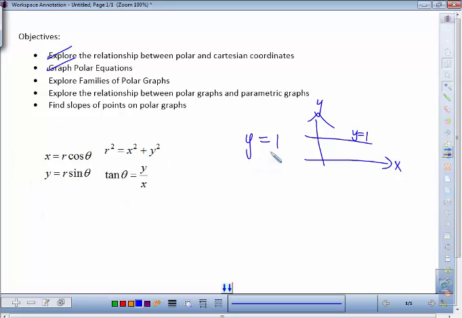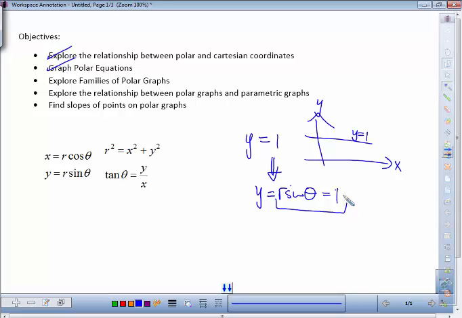So when y is equal to 1, well, y is equal to r sine theta. So we can write y is equal to r sine theta, but y is equal to 1, so let's just set this equal to 1. And then here's your relation between r and theta.